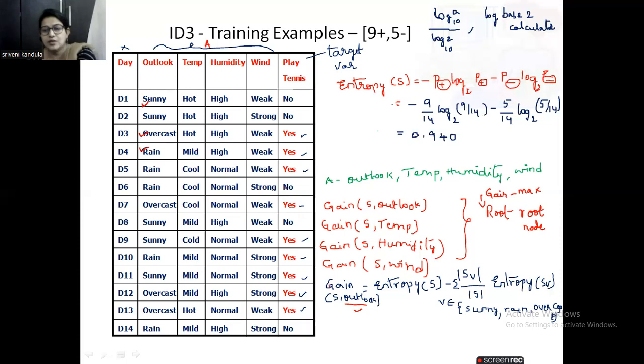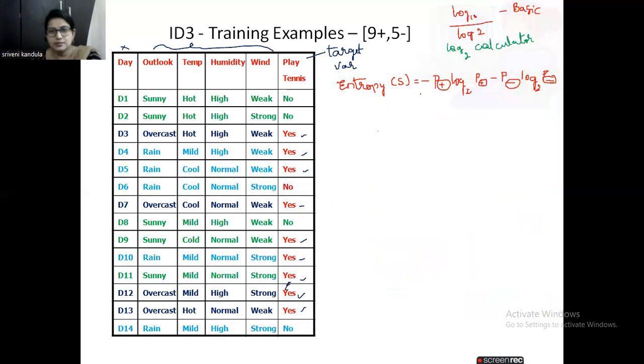We have calculated the entropy of S. Next, let us calculate the entropy of sunny, rain, and overcast. Before doing that, let us see how many examples we have under sunny, that is, let us get the cardinality of S sunny. Here I made a color differentiation so that it will be easy for you.